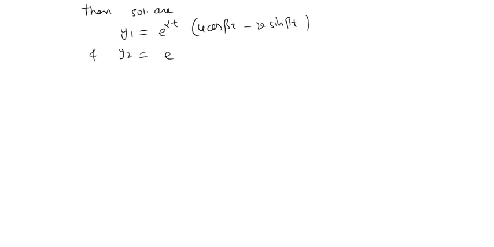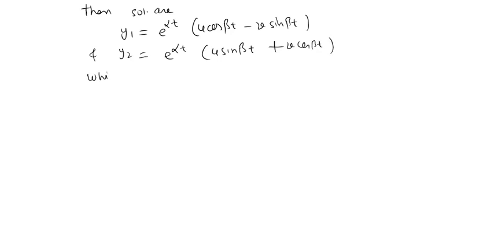So then solutions are y1 equal to e power alpha t times u cos beta t minus v sin beta t, and y2 equal to e power alpha t times u sin beta t plus v cos beta t.